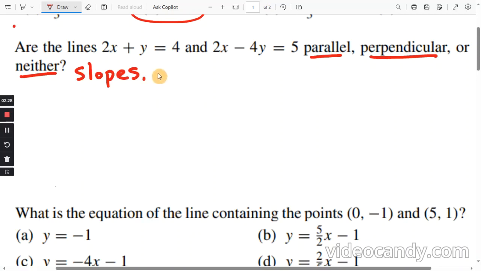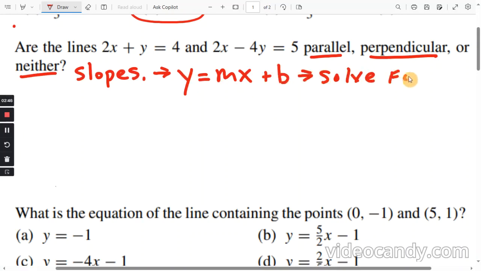And in order to find the slopes, we want the equation in the form of y equals mx plus b. So basically, you need to solve for y. You want to get y equals.